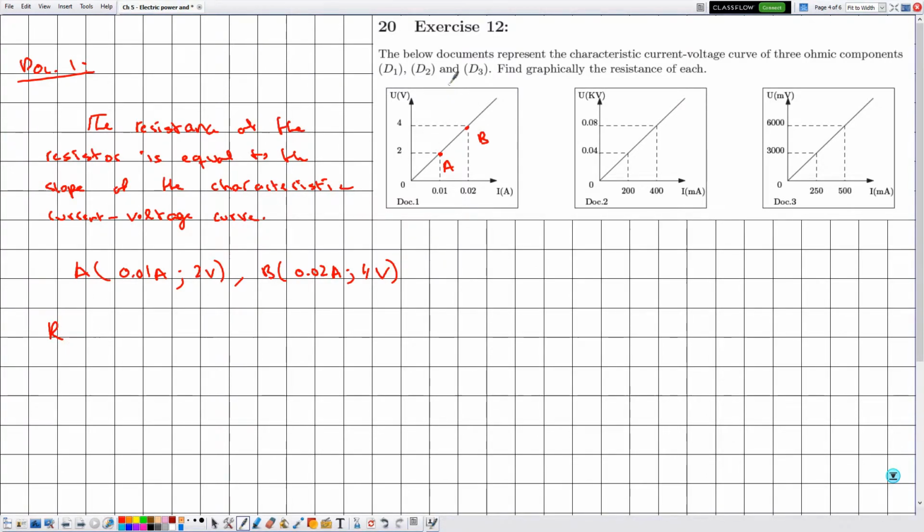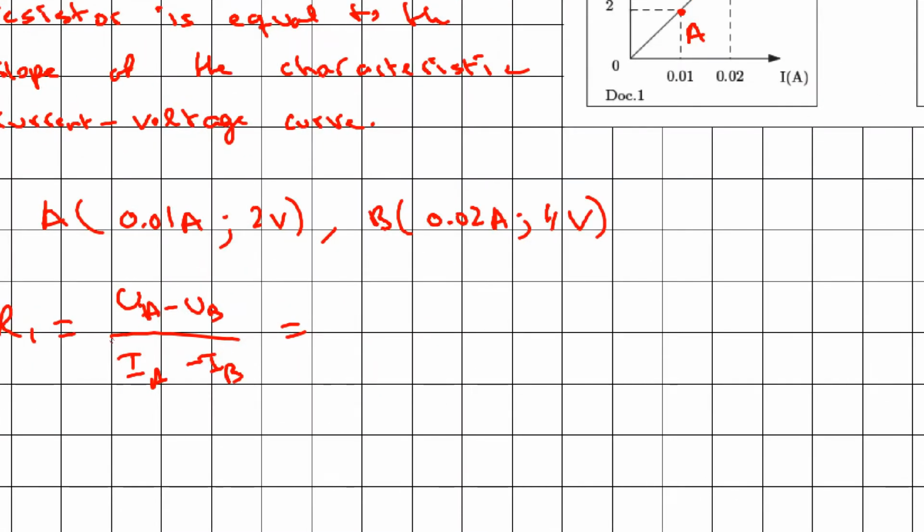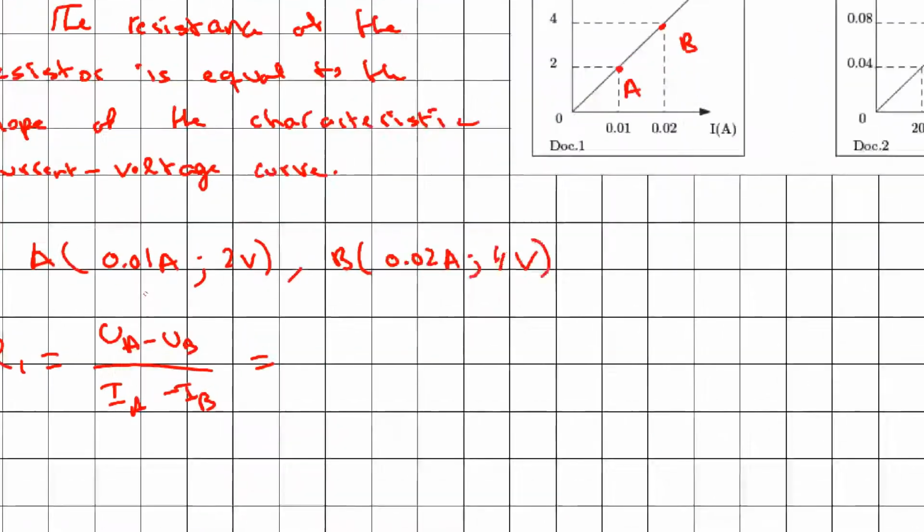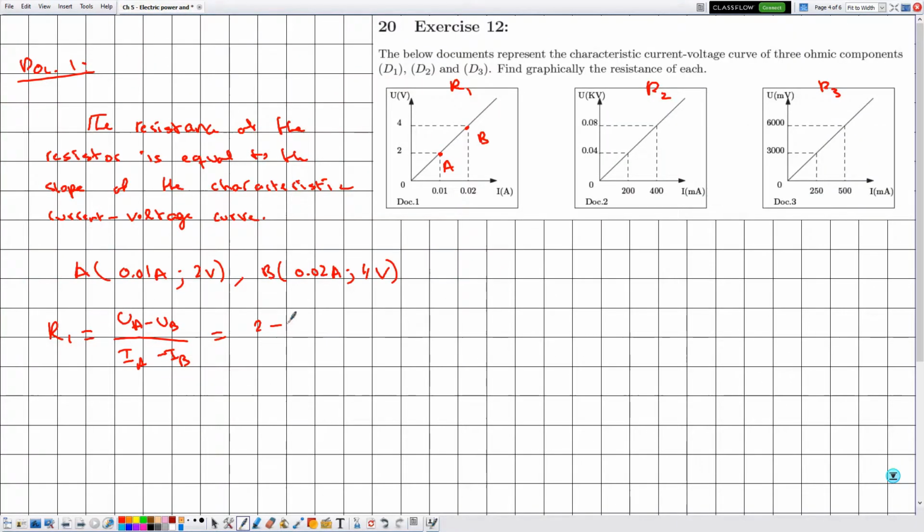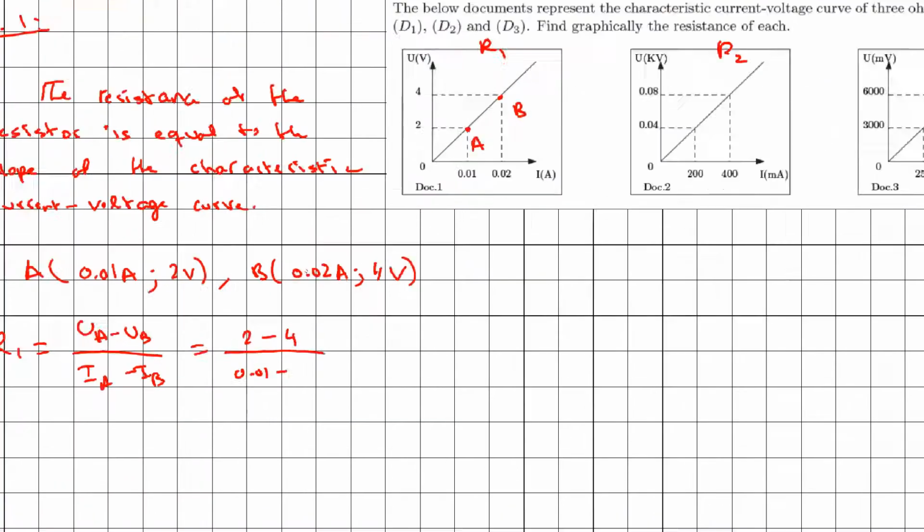Say for example this is R1, which is equal to UA minus UB divided by IA minus IB. The important thing is that if we have started with A, then in the denominator we must start also with A. So the voltage UA is given by 2 minus 4 over the current of the point A, which is 0.01 minus 0.02.